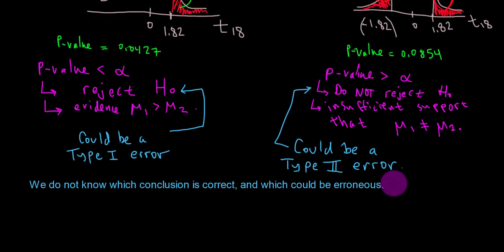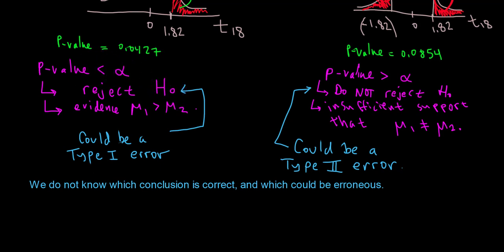I have one last comment to make, and it's a rhyme. Prepare for rhyme time. I know that there's all these relationships to keep in mind. One of the big relationships that I want you to remember is that we reject the null hypothesis when the p-value is small.